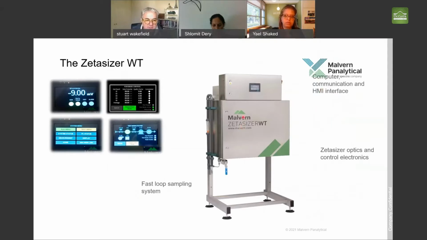It's perfectly suitable to go on plant, etc. You've got this human machine interface, this touch screen on the top, and all your parameters are displayed on there. What is the current zeta potential? What is the history of the last 10 results, 5 results, trends, lots of different things. This is all displayed on the system itself. But of course, this can all be transferred to a PLC system, which is the most common approach.